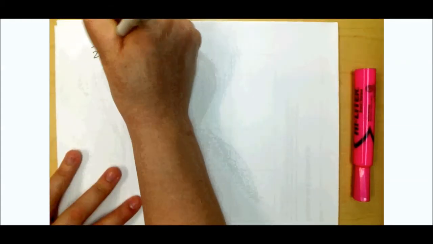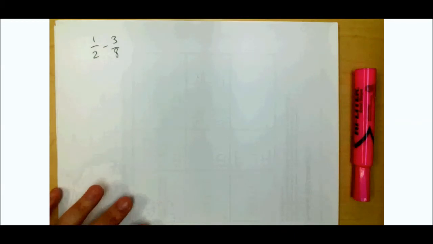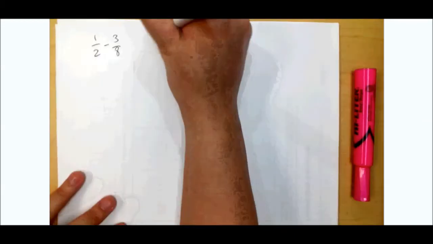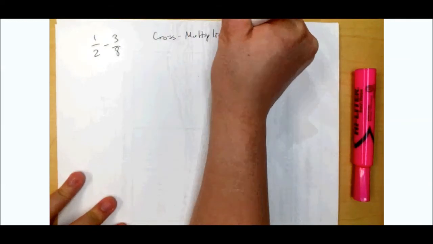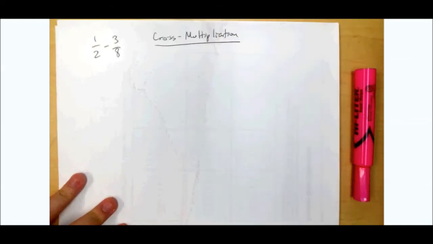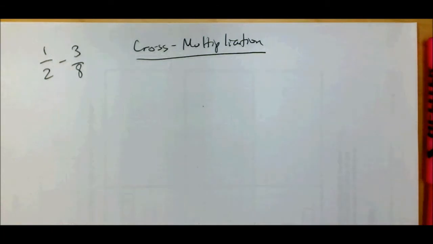One half minus 3/8. Now I'm going to start out with cross multiplication this time. And I'll zoom in a little bit for this part. Cross multiplication.